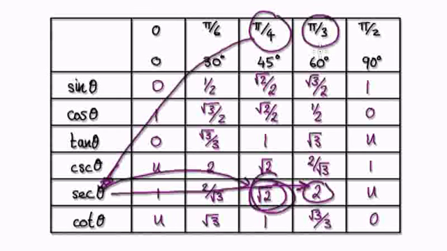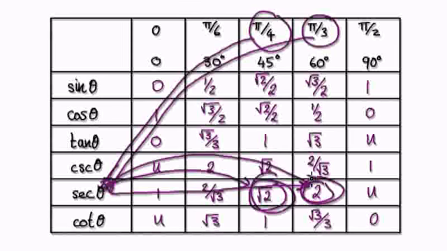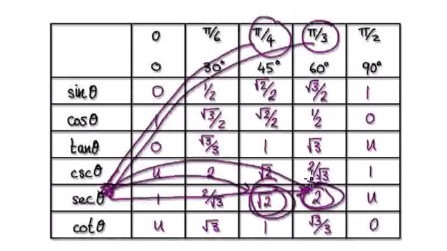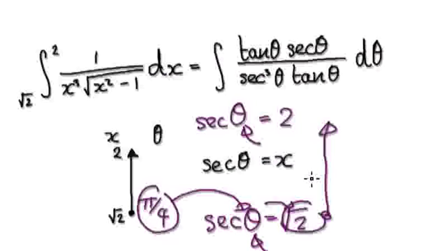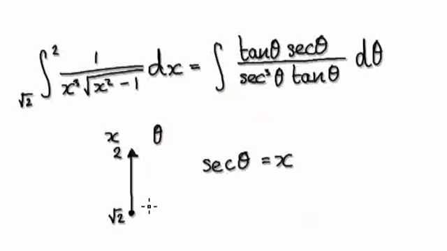So secant of pi over 3 will give you 2. So really, this will be pi over 3.